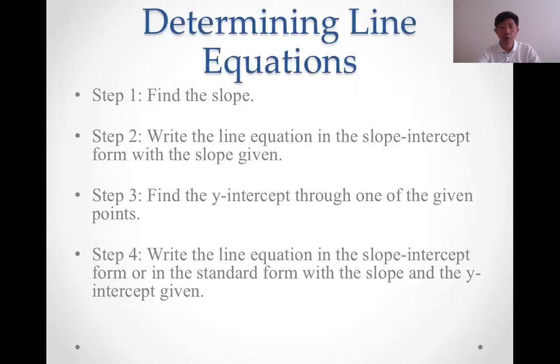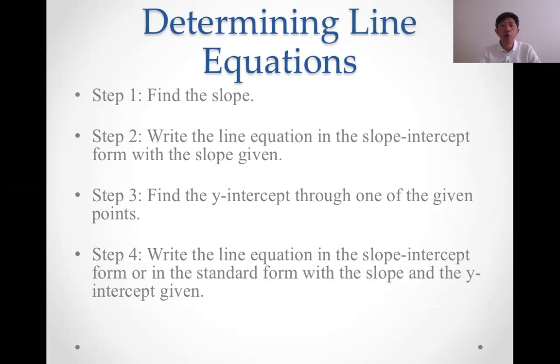Actually, we have several steps you can do. Step one, find the slope. Step two, write the line equation in the slope-intercept form with the slope given. Step three, find the y-intercept through one of the given points.